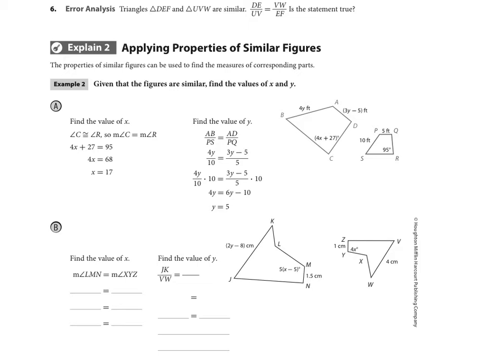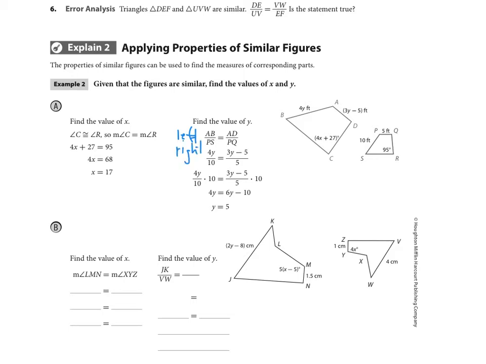Then the second part of example A is looking at the ratio of the sides. If I want to find y, y is within the side AB, and y is also within the side AD, both of which are on the left figure. When we use them in a proportion, we want to make sure that our labeling is consistent. Notice that it's the left over the right in this proportion.